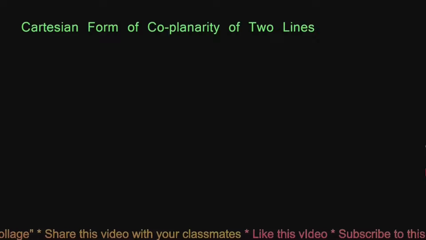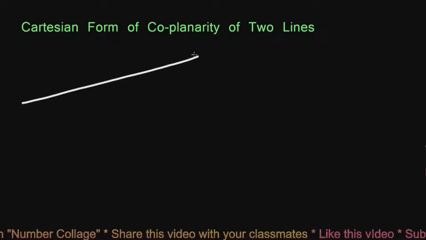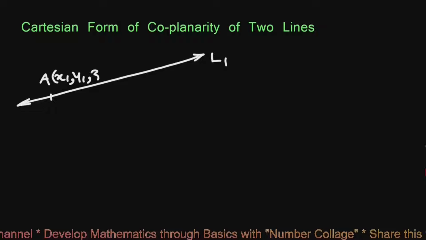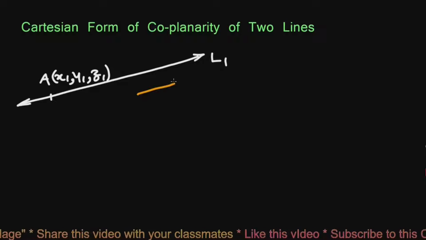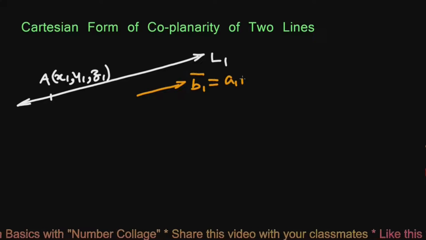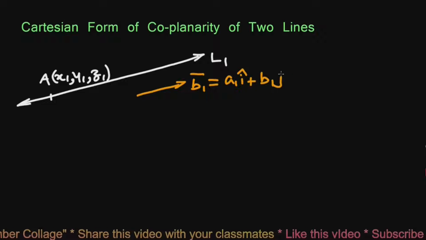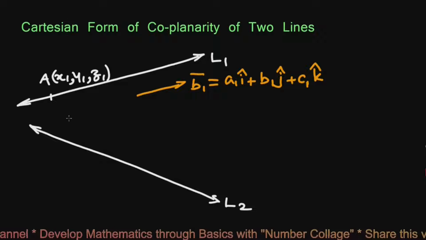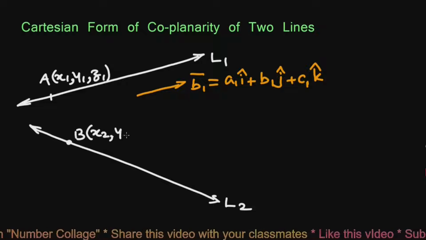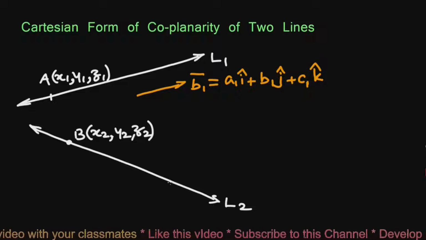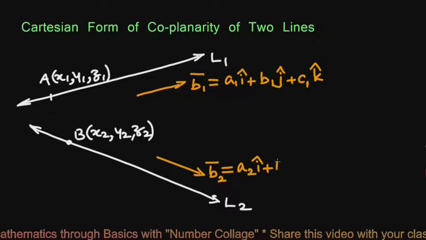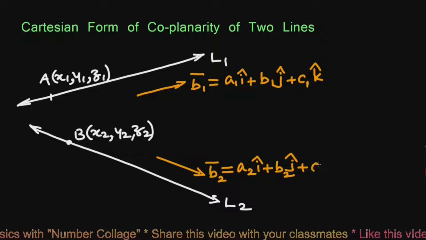Now we will see the Cartesian form of coplanarity of two lines. Consider line L1 passing through point A (x1, y1, z1), and which is parallel to vector b1 bar equals a1 i cap plus b1 j cap plus c1 k cap, and there is another line L2 which passes through point B (x2, y2, z2), and which is parallel to vector b2 bar equals a2 i cap plus b2 j cap plus c2 k cap.